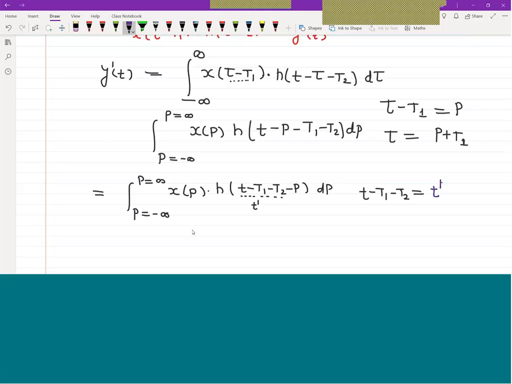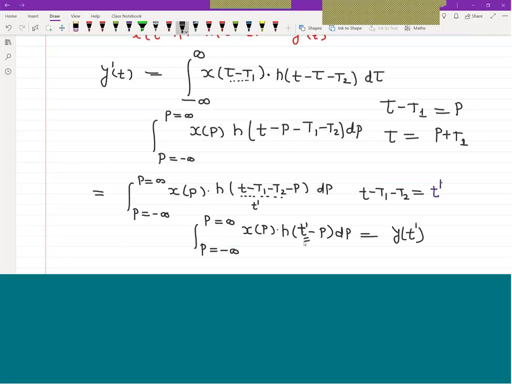If this is t prime, then you can say the integral from p equal to minus infinity to p equal to infinity of x of p into h of t prime minus p into dp is nothing but y of t prime.